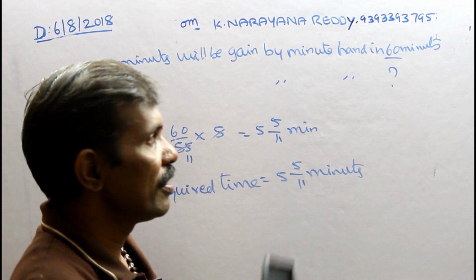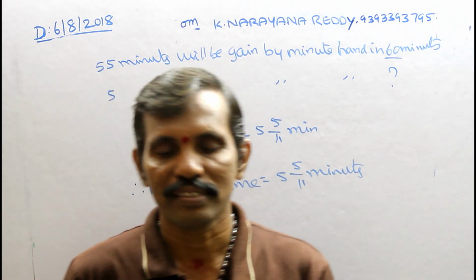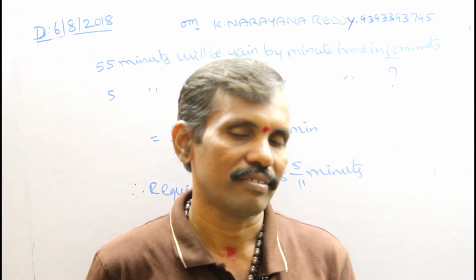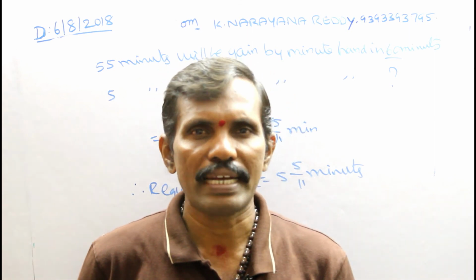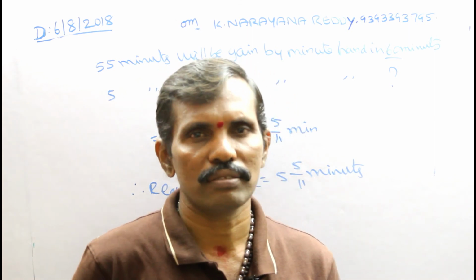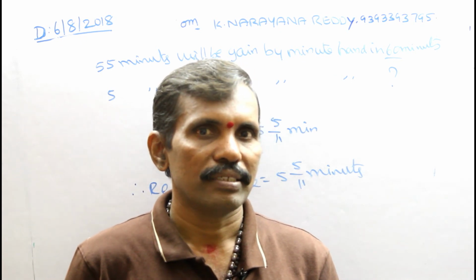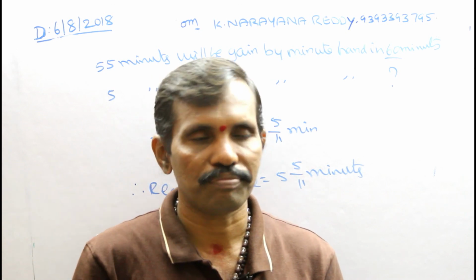Okay, dear friends, in this way we can do clock problems by using the minute hand and hour hand. The hour hand makes 360 degrees in 12 hours. That's the first point. The minute hand makes 360 degrees in 60 minutes, that is 1 hour.